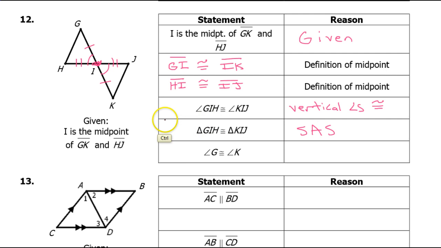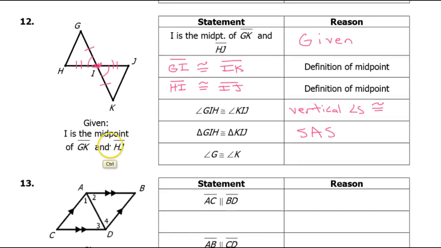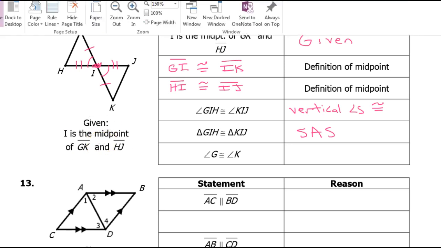All right, I'm actually realizing that there's sort of a typo here. We were given all this stuff, but it didn't actually say what we were supposed to prove. So I'm just going to write that in and fix that up.